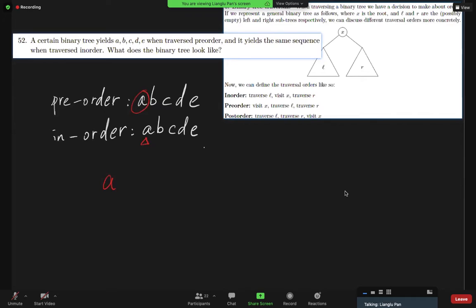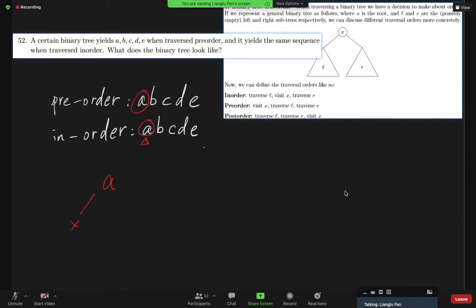Remember that the order of nodes being visited in in-order traversal is: first all the nodes in the left subtree, then the root node, then the right subtree. And since the root node is the first node being visited in the in-order traversal sequence, it tells us that we cannot have any node in the left subtree.